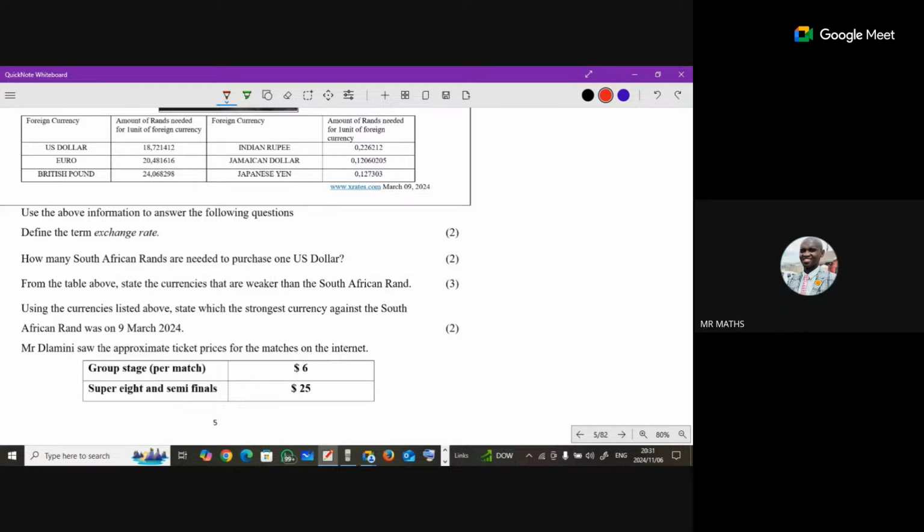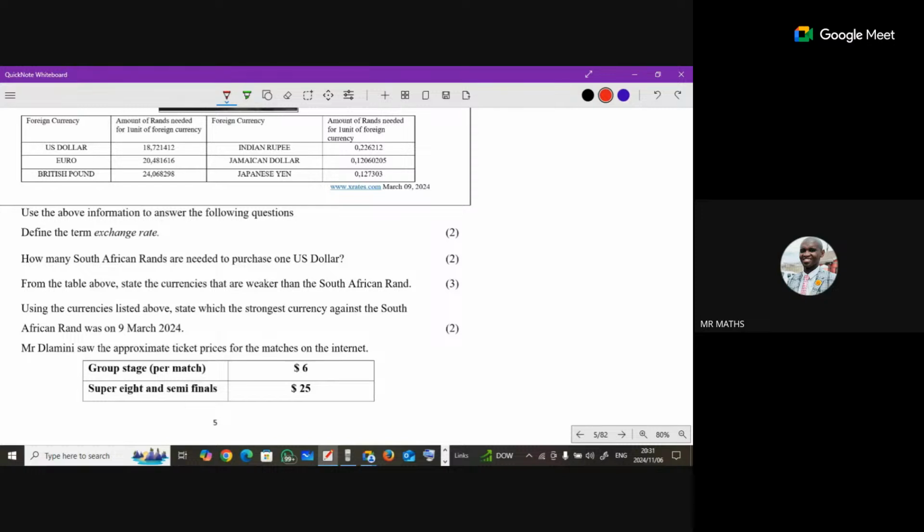Okay. Exchanging of currencies. Exchange rate is the cost of a country's currency compared to other countries' currencies.